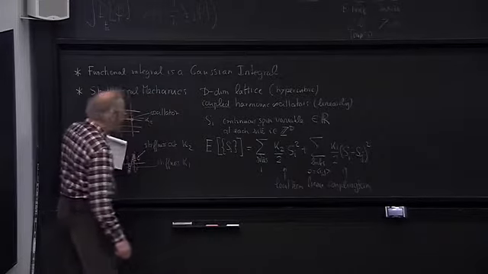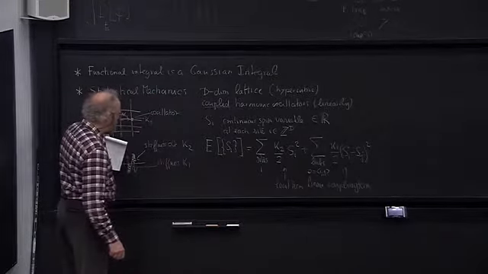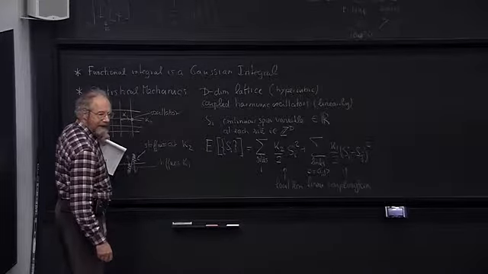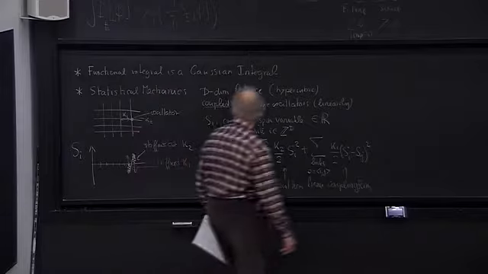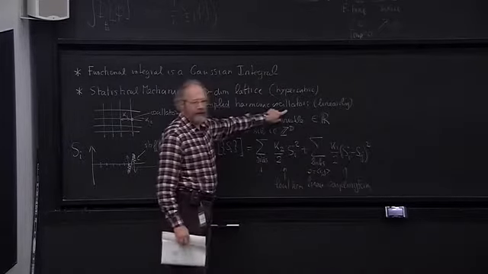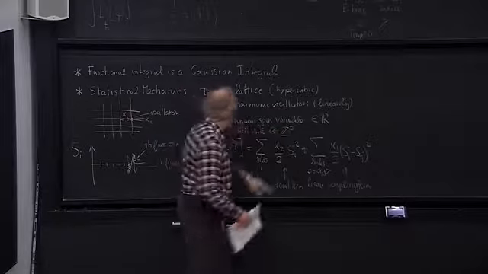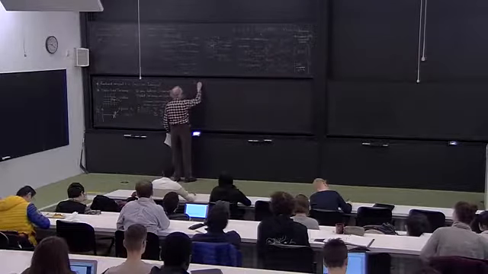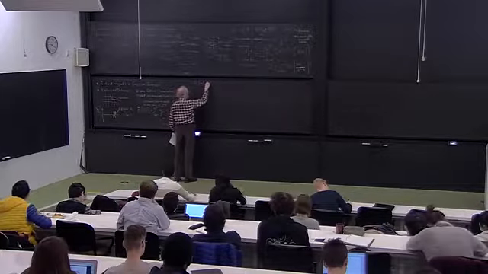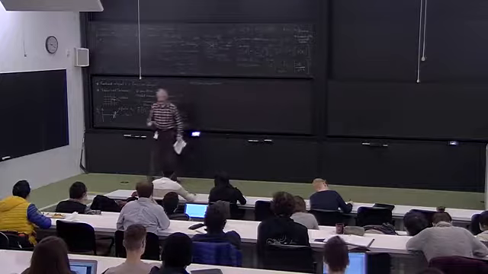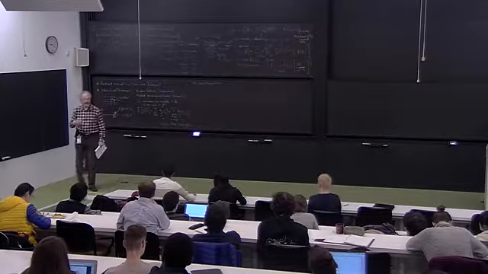Okay, so now consider that we want to study the statistical mechanics of this system at finite temperature. So I take this system of linearly coupled harmonic oscillators on a lattice, and I want to compute its statistical properties at finite temperature. Something that you did in the statistical mechanics course.